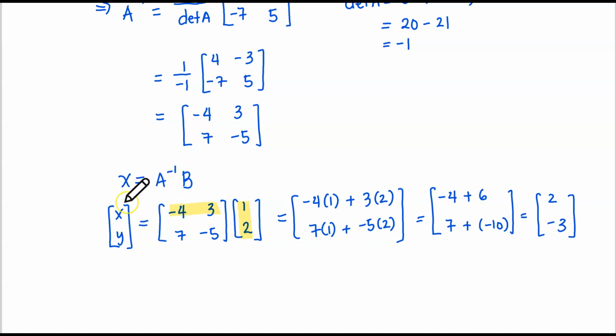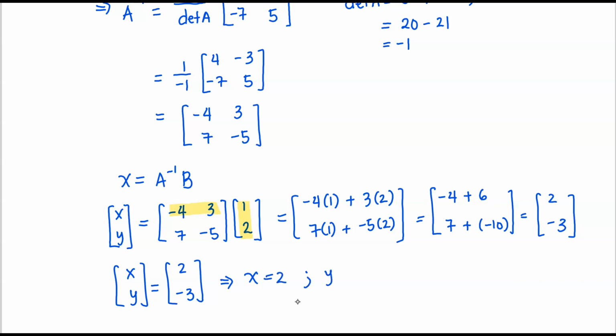So therefore, x, y is equal to 2, -3. This then implies that x is equal to 2 and y is equal to -3.